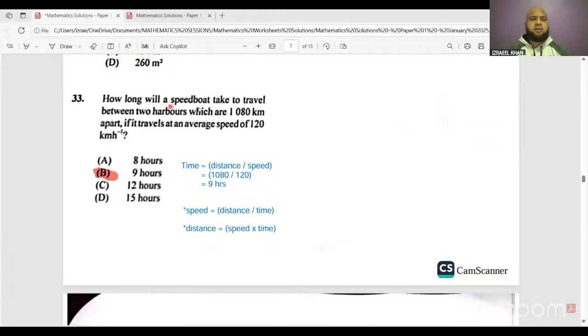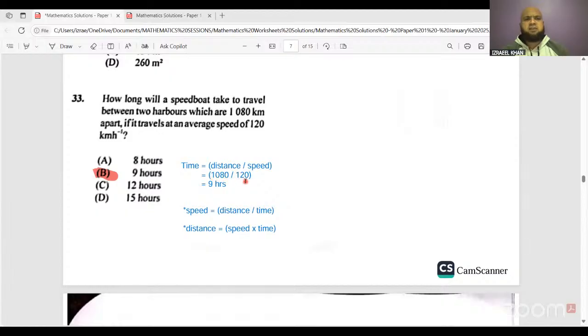33. How long will a speedboat take to travel between two harbors which are 1,080 kilometers apart, if it travels at an average speed of 120 kilometers per hour? If we isolate the figures and understand what they represent, the 1080 km, that is the distance. The 120 km per hour is the speed. Fine. They ask for what? How long? That's time. What's the formula for time? Distance over speed, something we need to know.